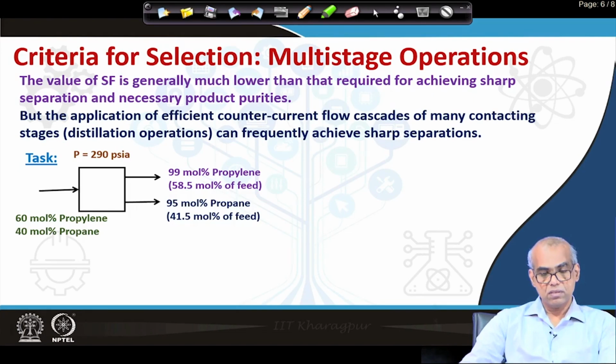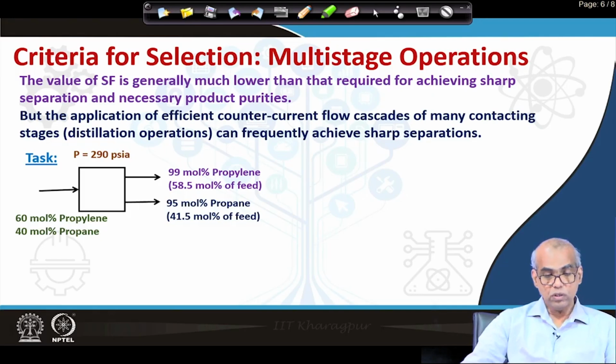A mass balance will tell you that 99 mole percent propylene in the product stream is equivalent to 58.5 mole percent of feed. Similarly, 95 mole percent propane in the product stream is equivalent to 41.5 mole percent of feed.